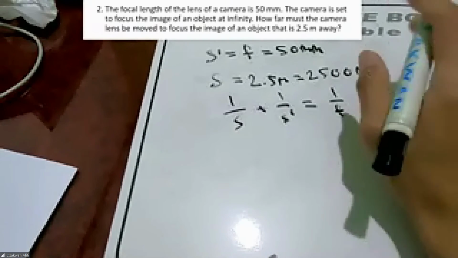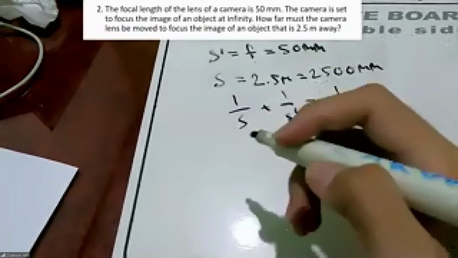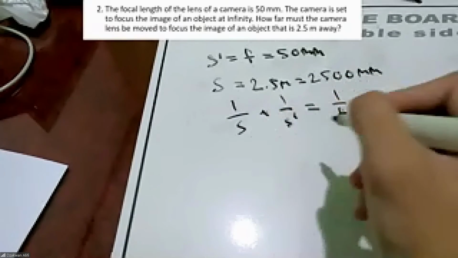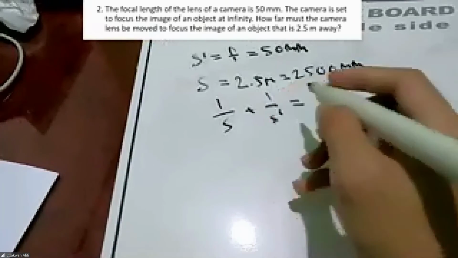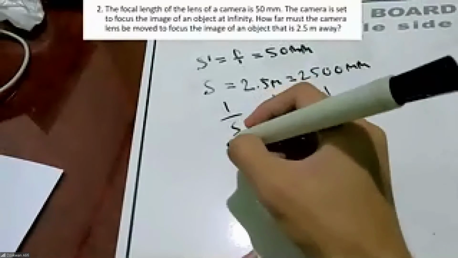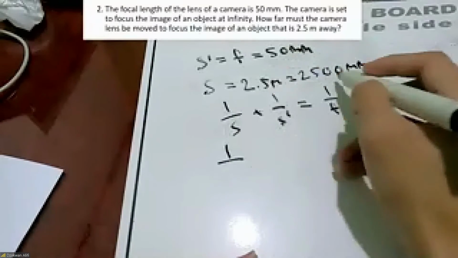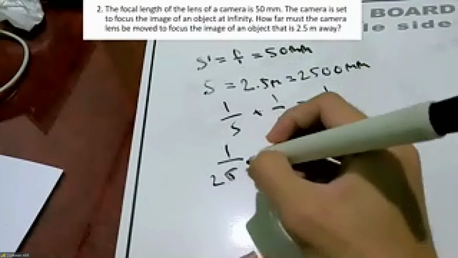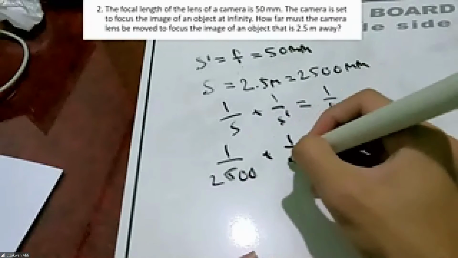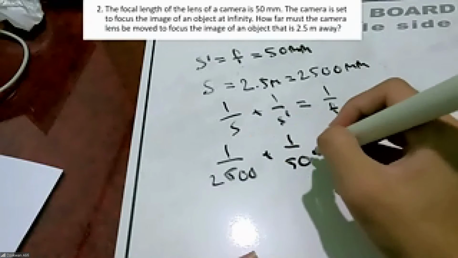The same expression that we used before. Let's find it. 1 per s, the s is 2,500, plus the f is 50.